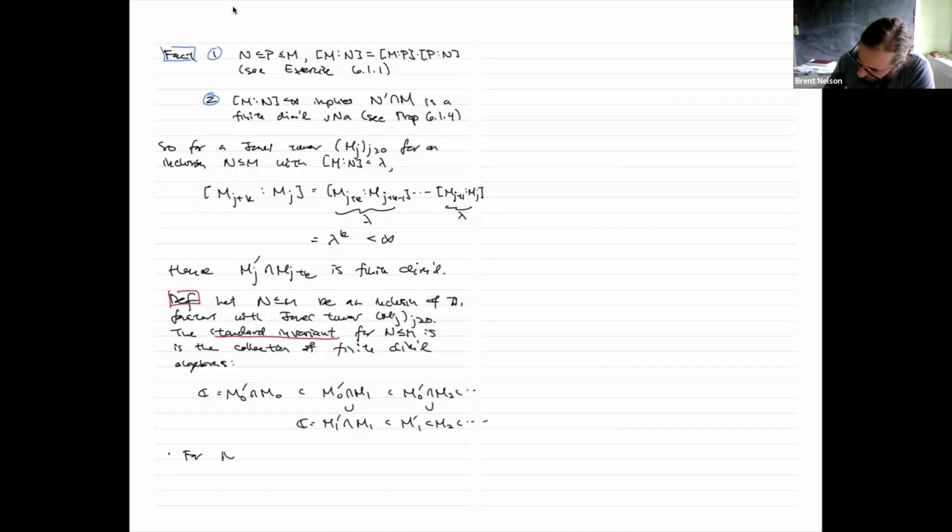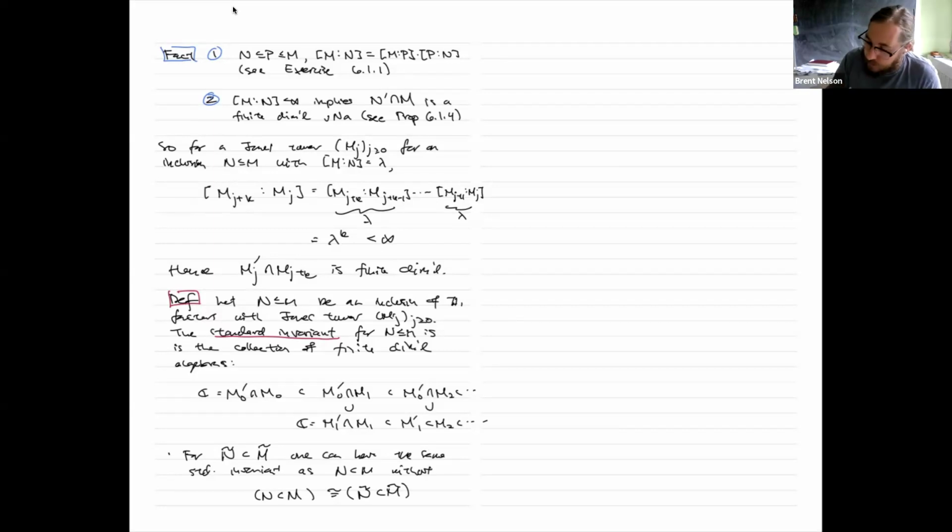For Ñ inside of M̃, one can have the same standard invariant as N inside of M without these pairs being isomorphic to each other. But it still does tell you an awful lot about this inclusion.